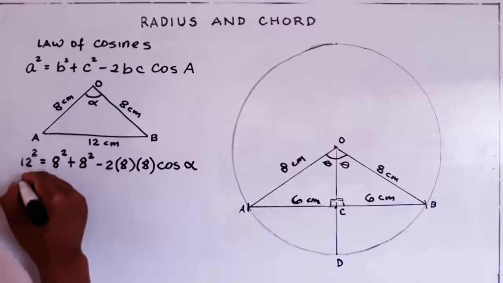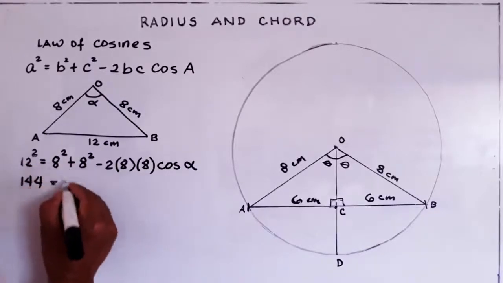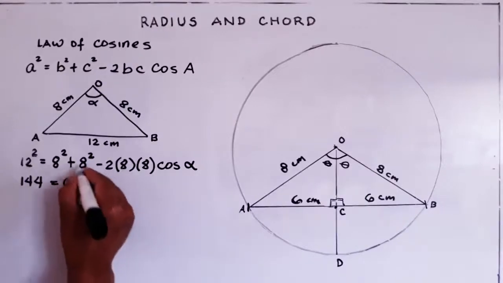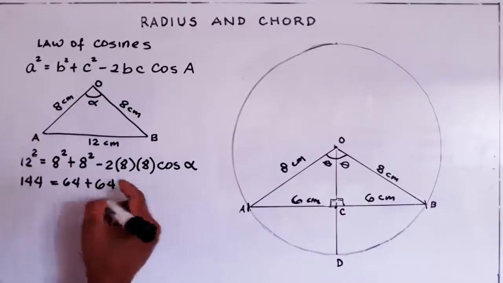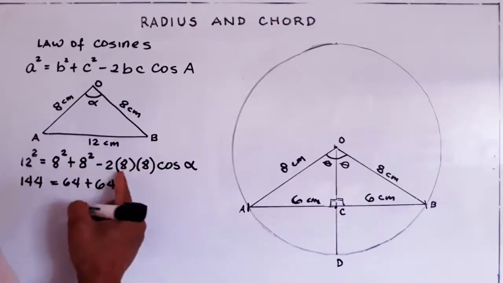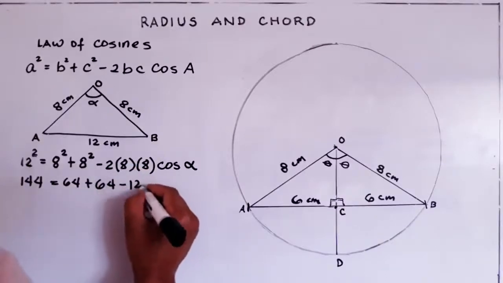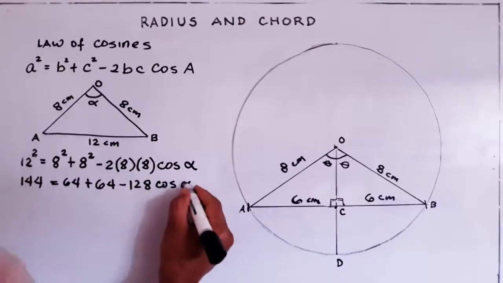So we have 12 times 12 is 144. This one is 8 times 8 is 64. Plus this one is 8 times 8, 64 minus 2 times 64 is 128. 8 times 8, 64 times 2 is 128 cosine alpha. This one is our unknown.